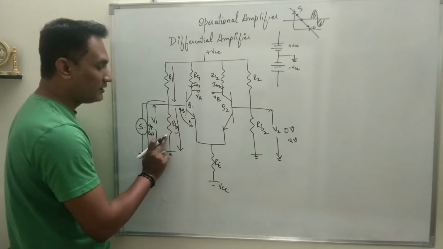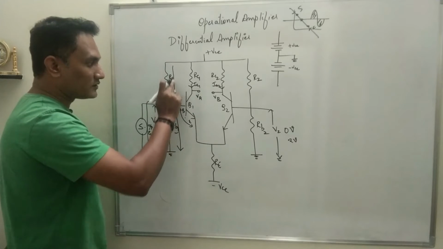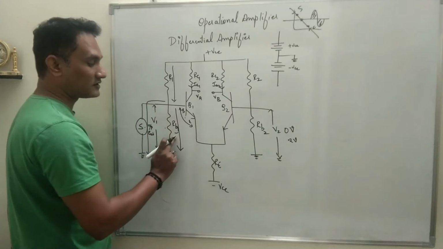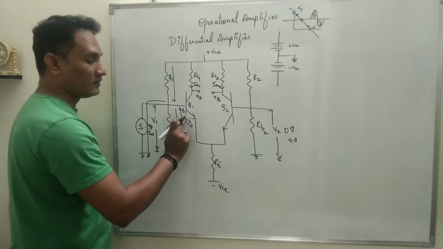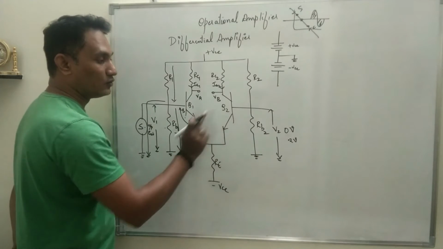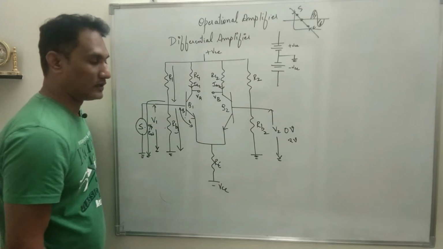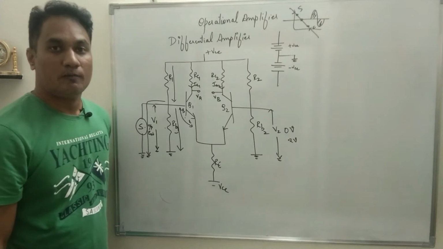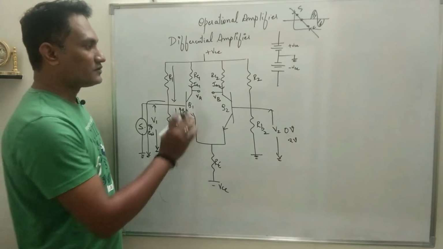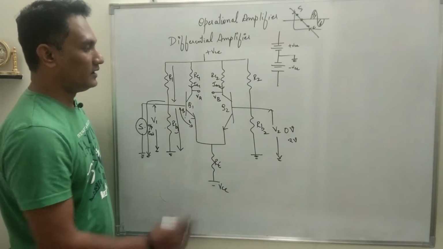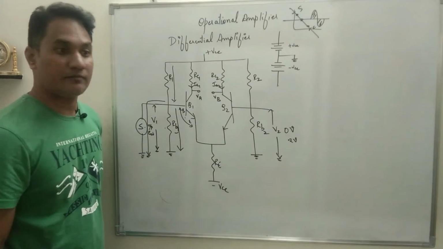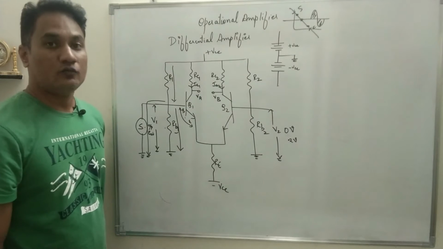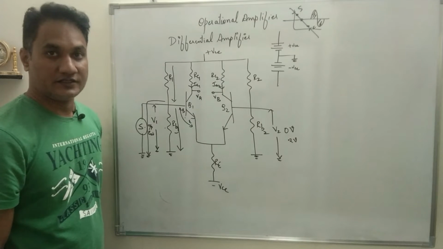If they cannot come in parallel, all the input current which was flowing through R1 will flow through RB2, which will keep the voltage across RB1 proper, so that Q1 and Q2 are properly biased. So that is why instead of one power supply, we use two power supplies. This is about the advantage of the differential amplifier and the basic concept of why two power supplies are required in a differential amplifier.